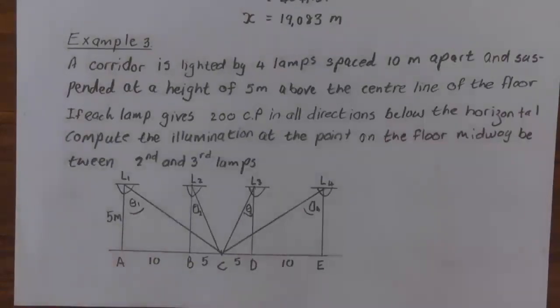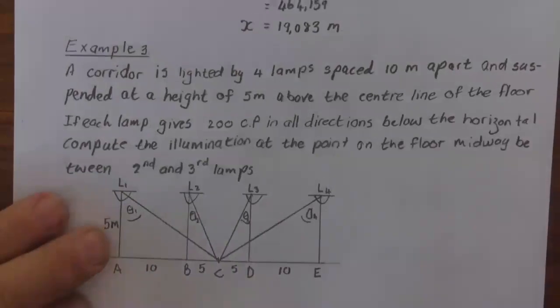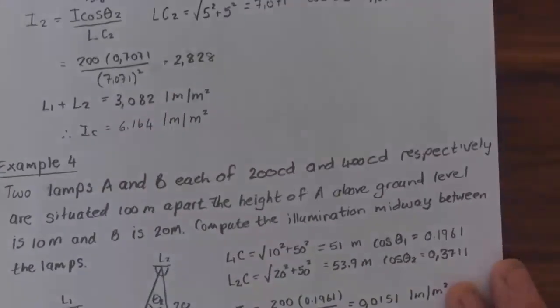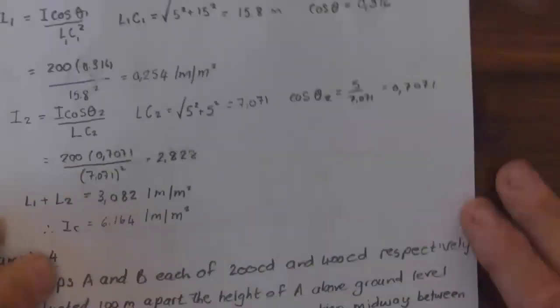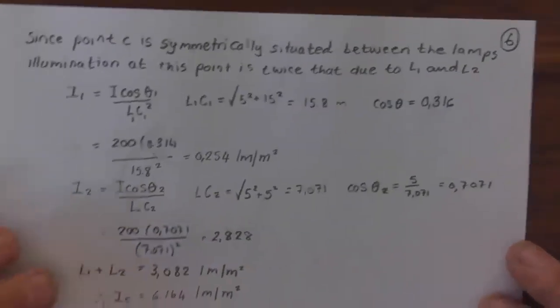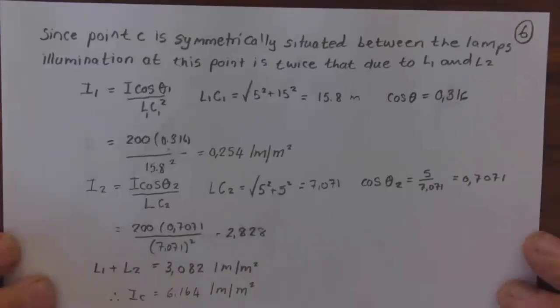There we can see that it's a height of 5 meters, and then they are 10 meters apart, and therefore we can calculate the illumination at C. Since point C is symmetrically situated between the lamps, illumination at this point is twice that due to lamps 1 and 2.